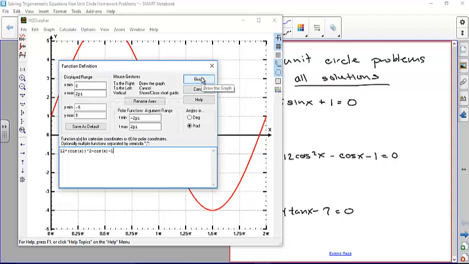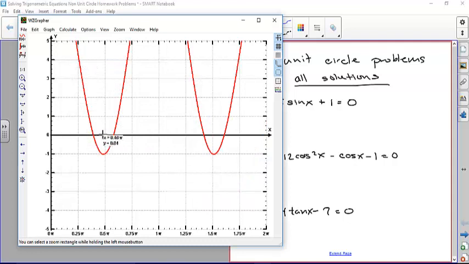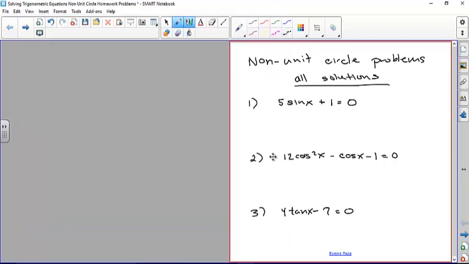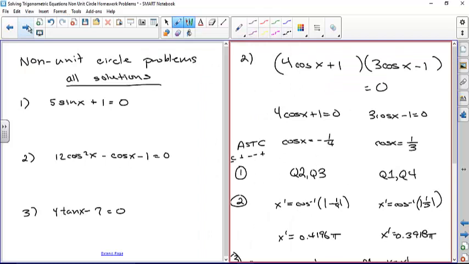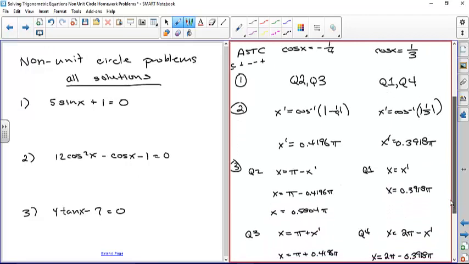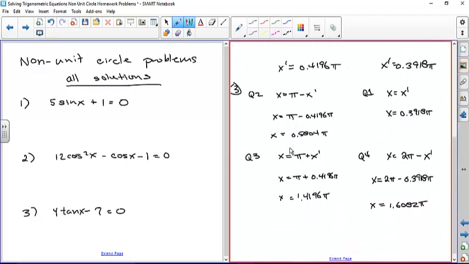I should have 4 solutions, which I do. 1, 2, 3, 4. And because I've got them as decimals of pi, I should be able to easily verify these things. So you can see here's my 4 solutions. So here's the graph.